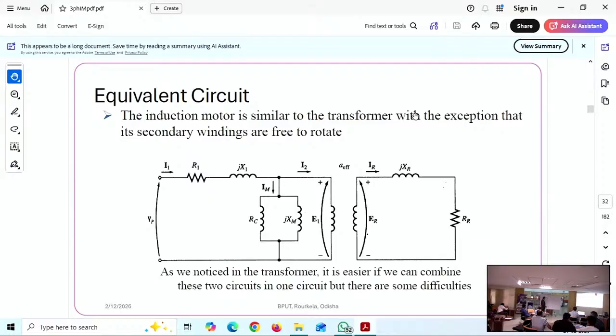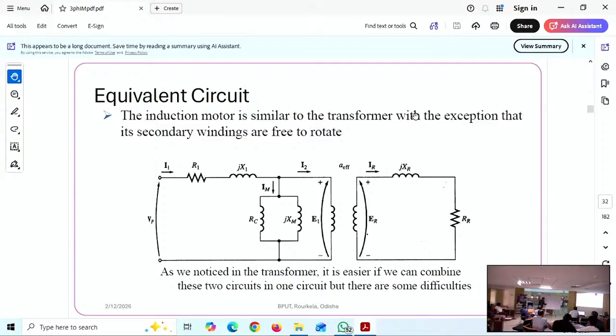So when you refer Z2 with respect to the stator, Z2 dash, the rotor impedance referred to the stator, is equal to Z1 into the ratio squared.